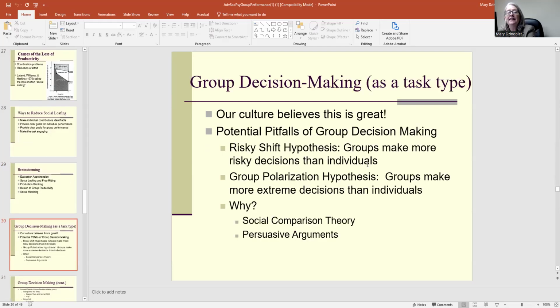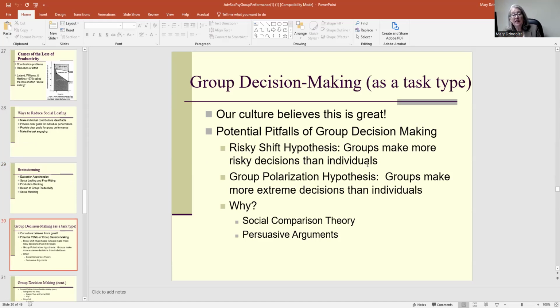Okay. All right. Now we're going to switch topics. We've talked about additive tasks, and I've defined what compensatory tasks are, disjunctive tasks, conjunctive tasks, unitary tasks. Some research sees group decision-making as a type of task also.